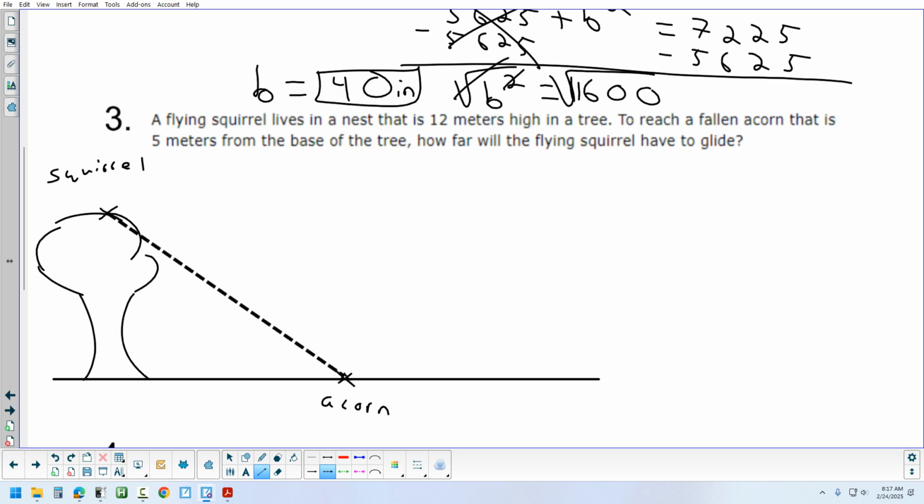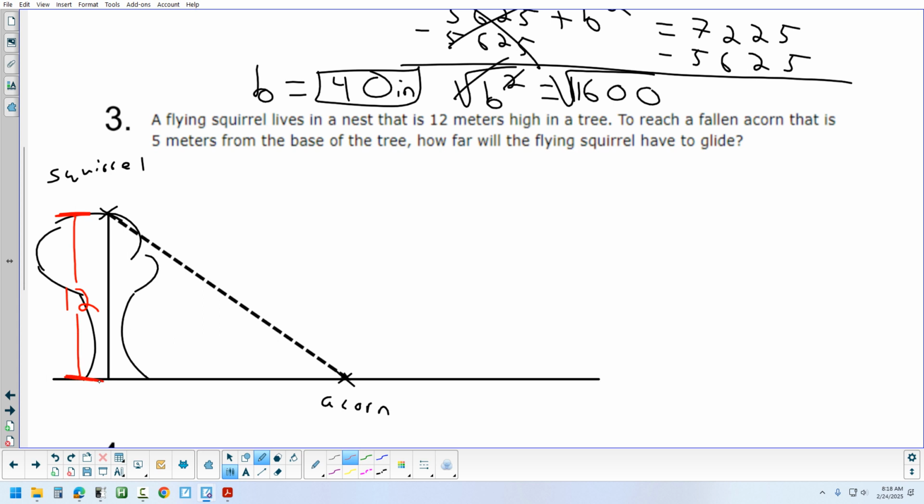Okay. Well, we know how high up in the tree the squirrel is. How high up does it say the squirrel nest is? 12 meters. 12 meters. So if we draw a line straight to the ground, it's 12 meters from the top of the tree all the way down to the ground.